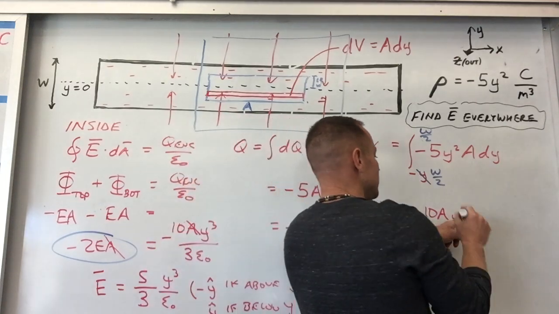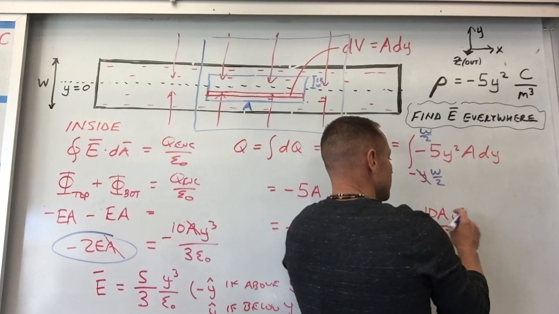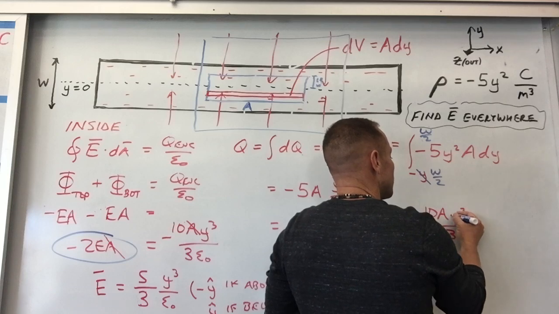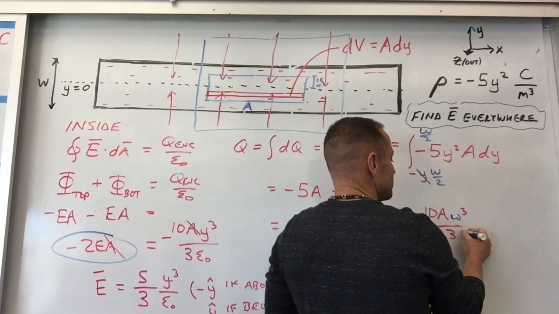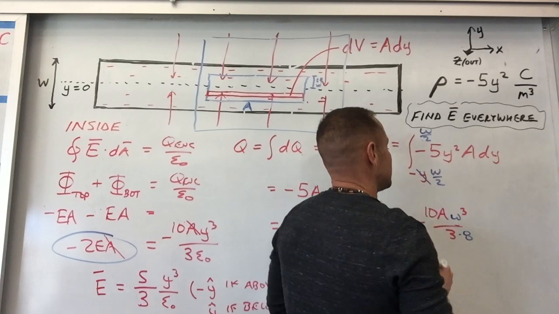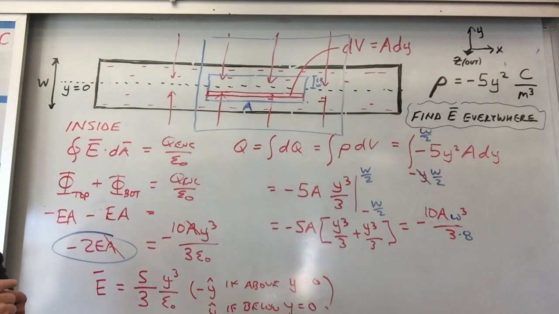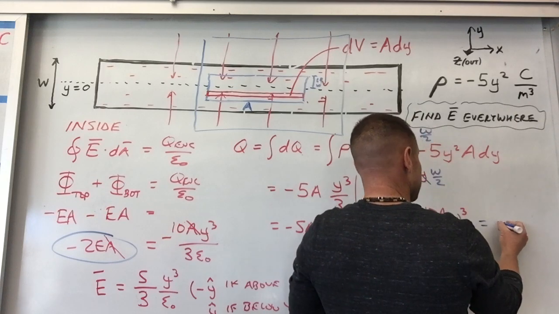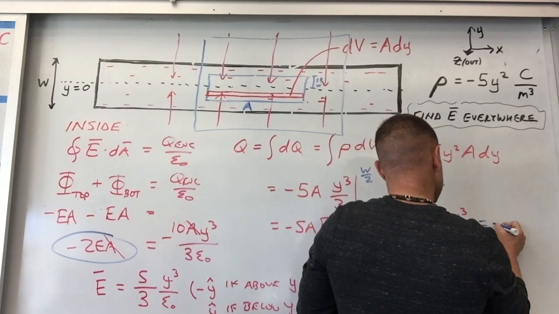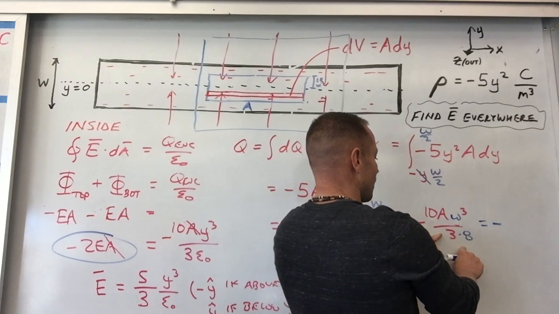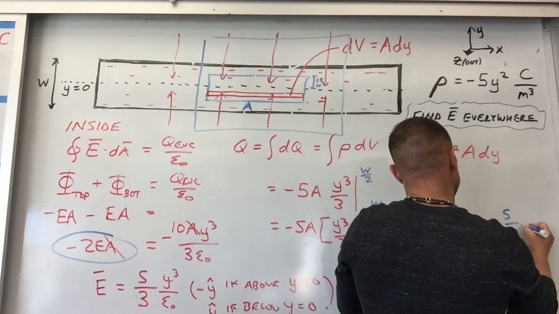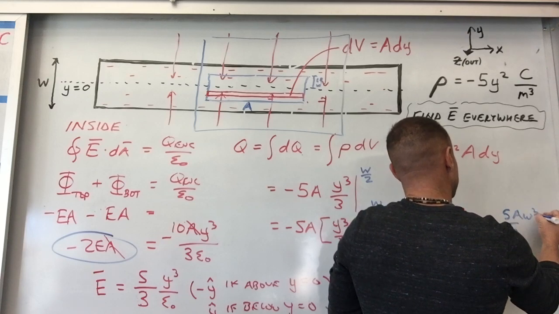And what that's going to do is put a W over 2 in here. So that's going to make this W cubed over 2 cubed, which would be 8. So that's just going to modify that a little bit. And that's going to give you your enclosed charge, which you're going to see is a constant now. So it's going to be minus, what's this, 10 over 24 is 5 over 12, a W cubed.